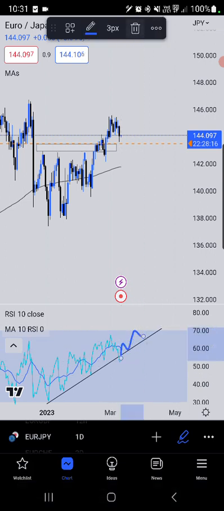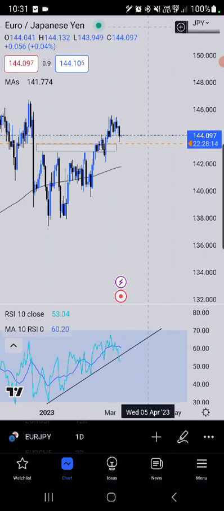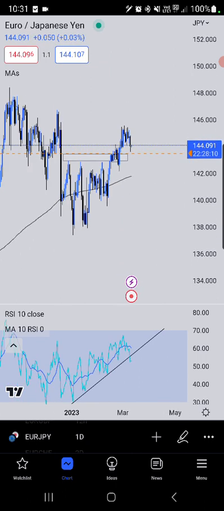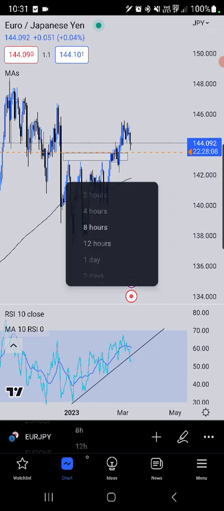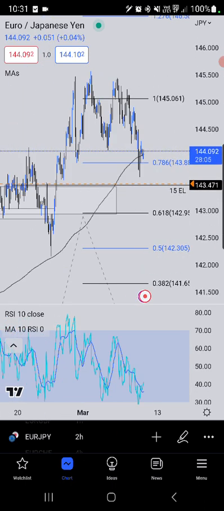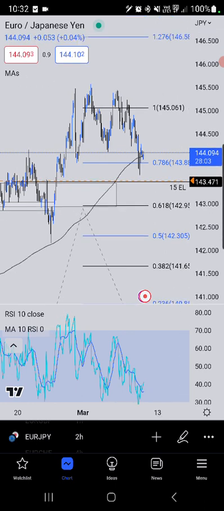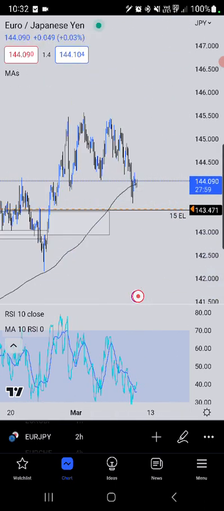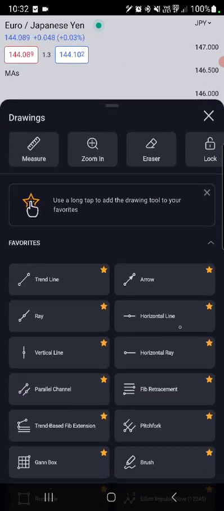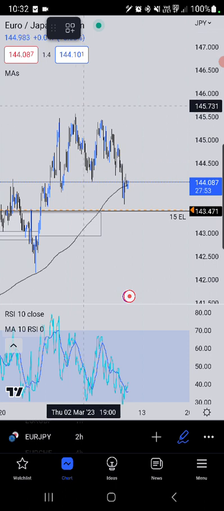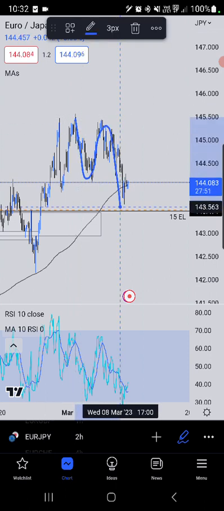We know that, but it's just a bit of confluence, a bit of added bias to the downside. If we come back up, it's looking corrective, isn't it? In terms of this wave, kind of a corrective 3-wave, right?